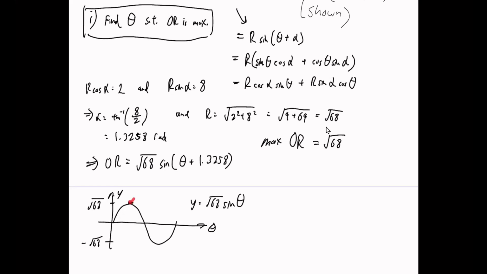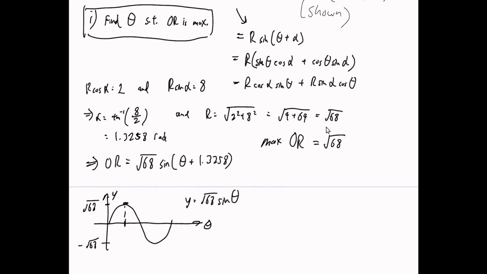When does the maximum occur? It occurs when the angle here is what the angle? Let's work with radians. When does that maximum first occur? What's the corresponding angle? 90 degrees, which is pi over 2 radians.